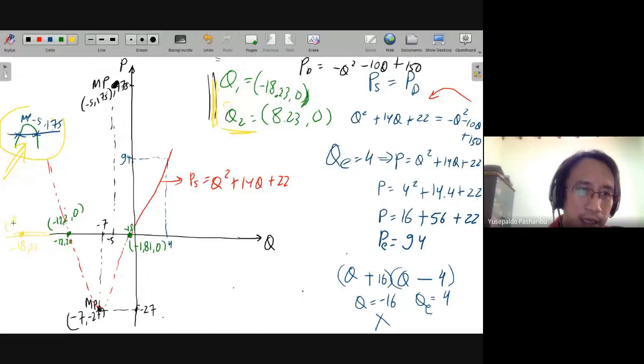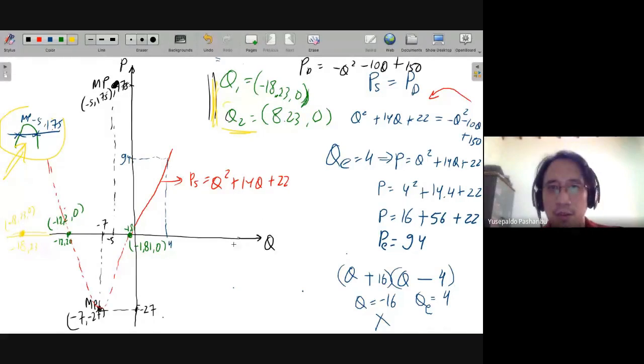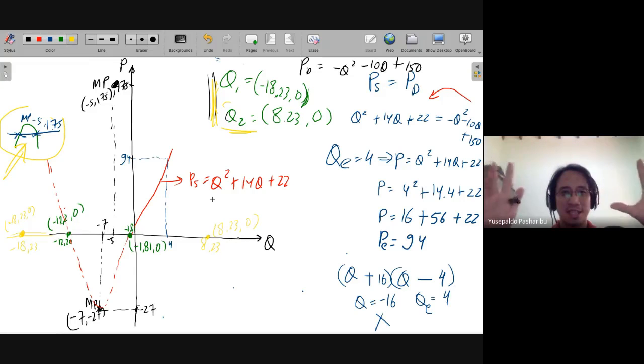Minus 18, 23, 0. And the other one is 8. This is 4, so 8 is around here. If you use a ruler, you can draw it a bit more exactly than this.